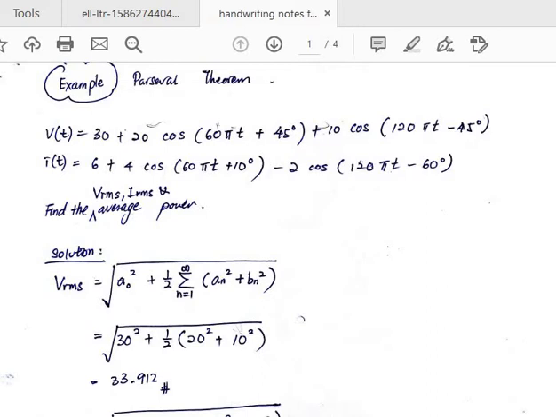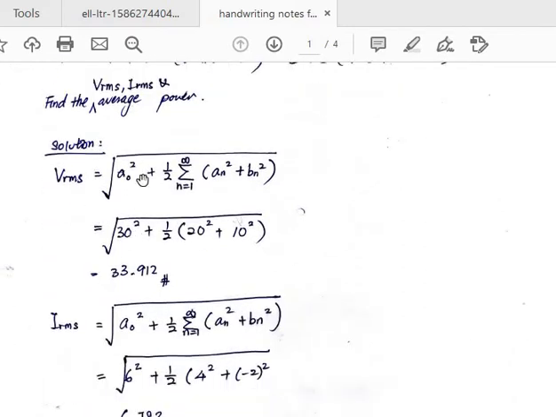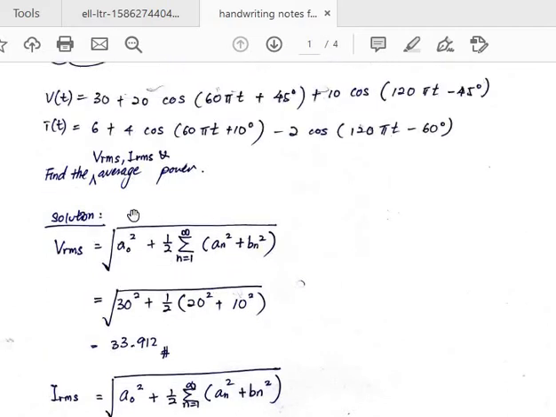Just now I already told you the formula for the V RMS. V RMS is the square root of A naught squared plus half of the sum of An squared plus Bn squared. A naught in this case is 30, so for V RMS you look at v(t). A naught is 30. Then you follow the formula: An is 20, and then Bn is 10.